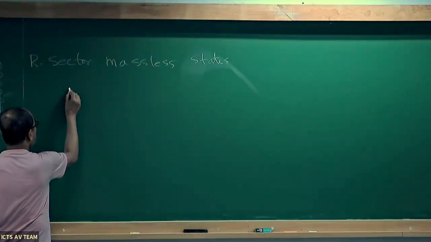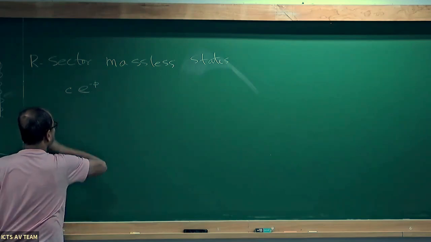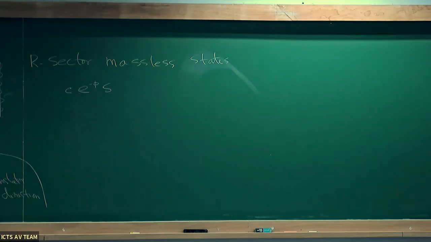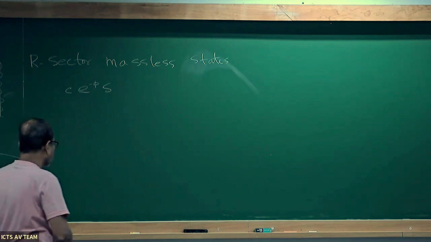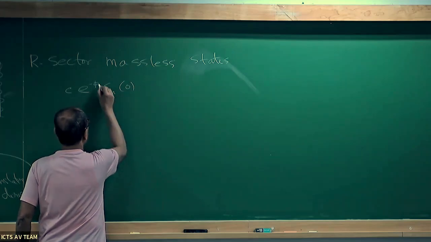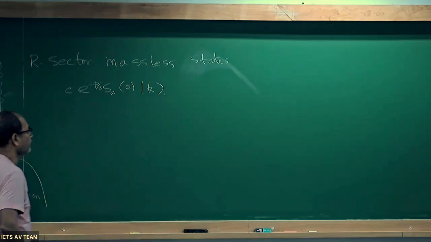Here you have e to the minus 5/2 phi, S, where this is a spin field.